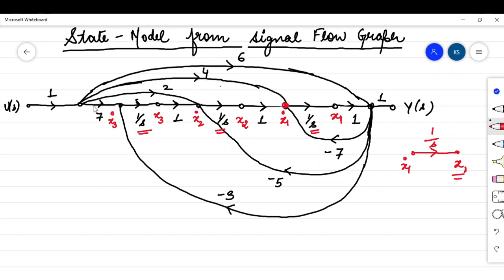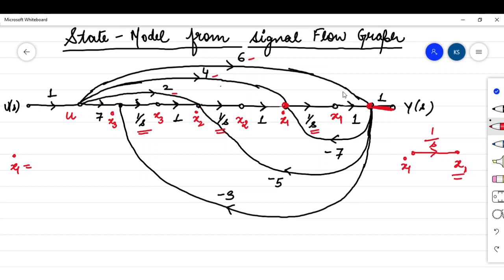First is from input u and second is from y. This is y because the gain is 1 only. So we can write x1 dot as u into 4, because these are gains applied to the system.